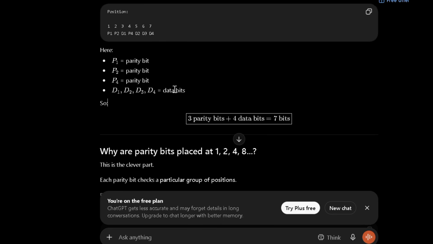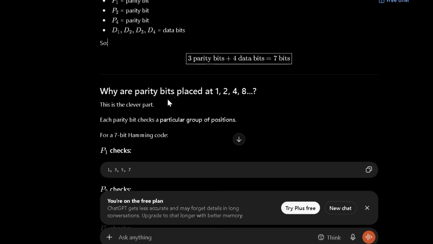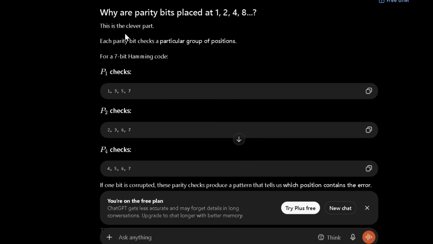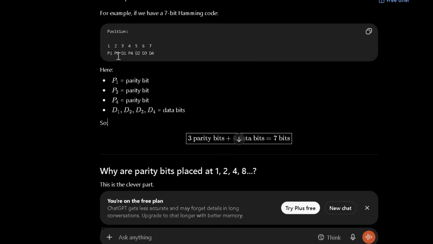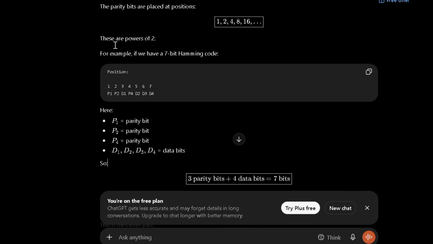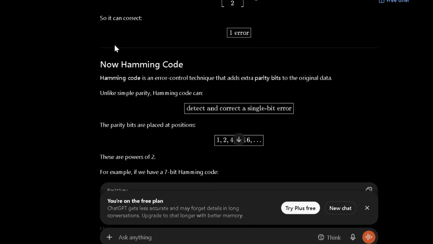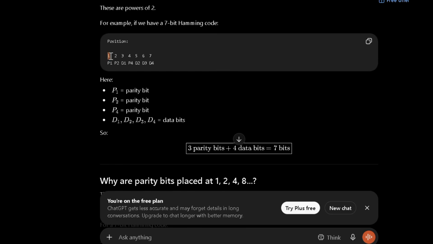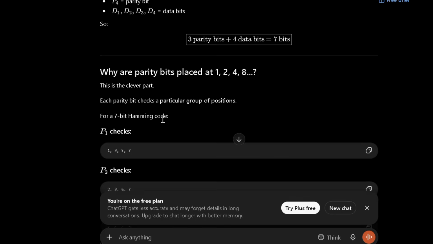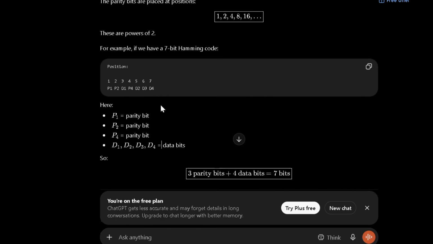So P1 checks 1, 3, 5, 7. P2 checks 2, 3, 6, 7.